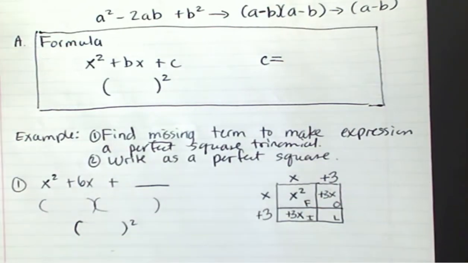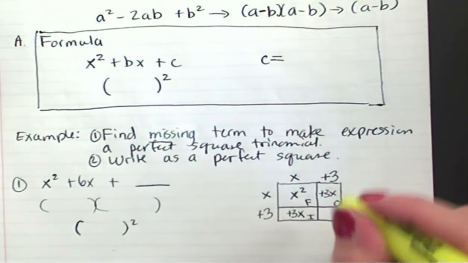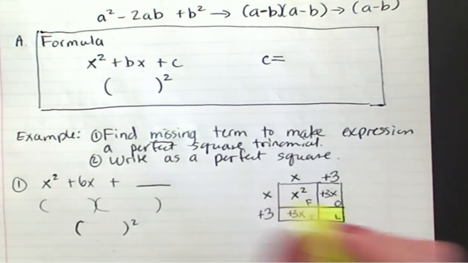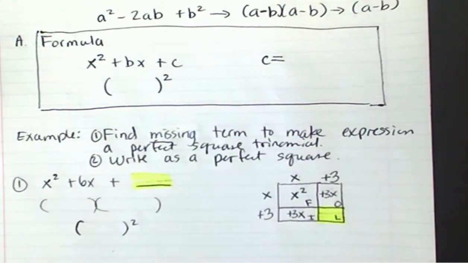The reason this is called completing the square, notice that so far in this filled out square, I have a missing box. The last term is missing. What do you think will go in the last box if I am lining up my rows and columns by multiplying?